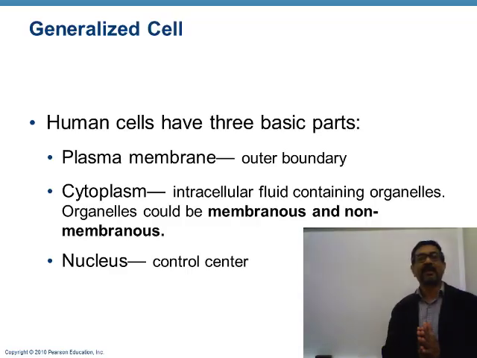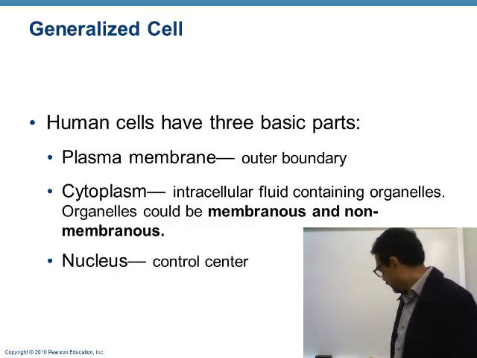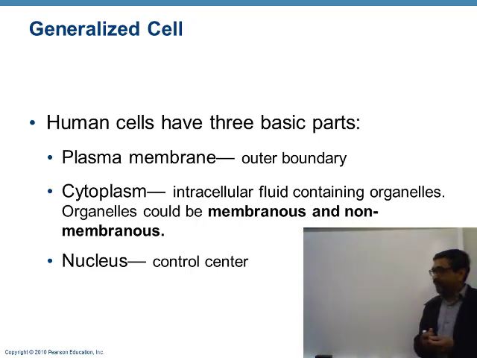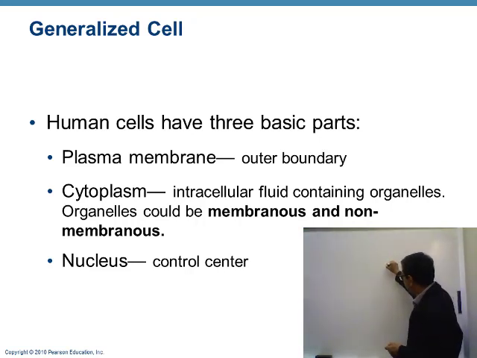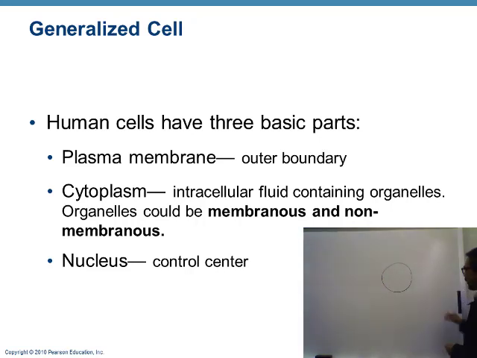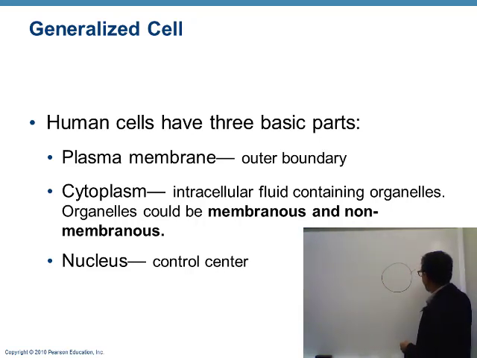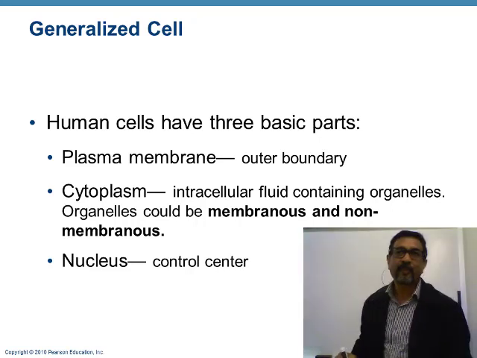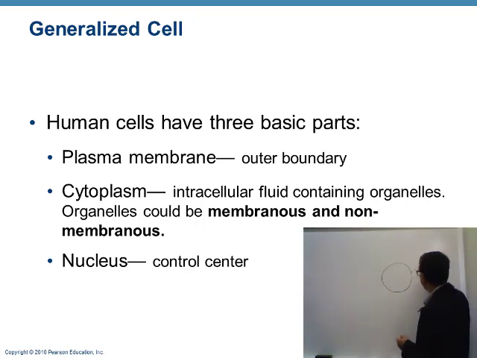Okay, so now we'll see the parts of a living cell. If you see a typical cell, it has a membrane that is called the plasma membrane or cell membrane.